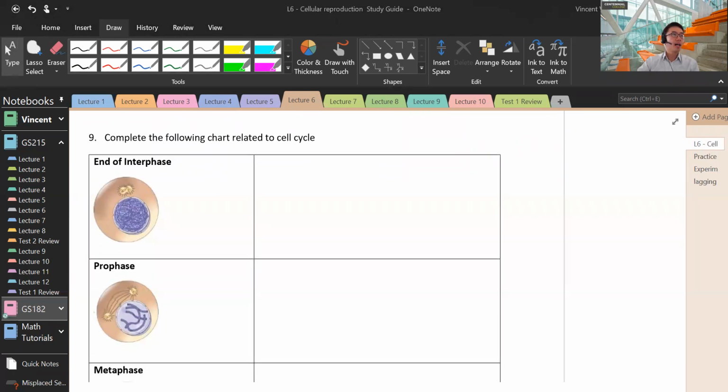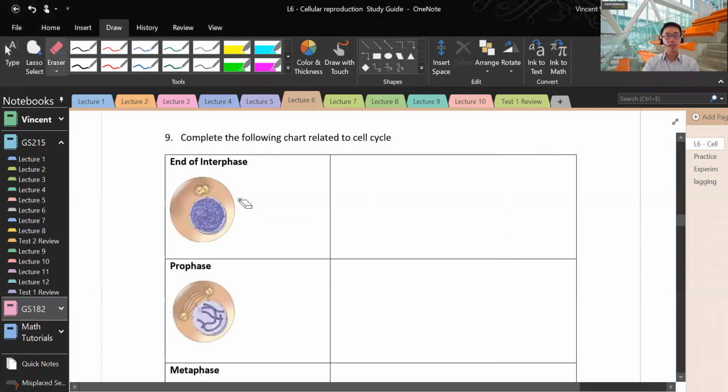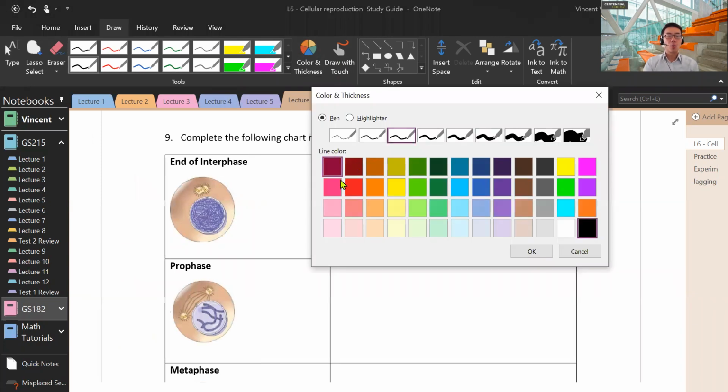Over here we have the end of interphase. Interphase is not part of mitosis, but at the end of interphase, we're talking about finishing the G2 checkpoint already. So it's about to go into prophase. What is going on here?